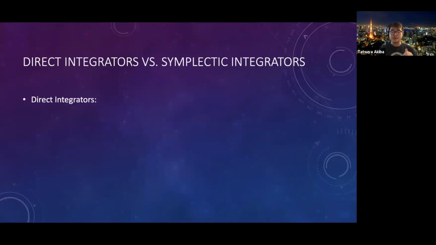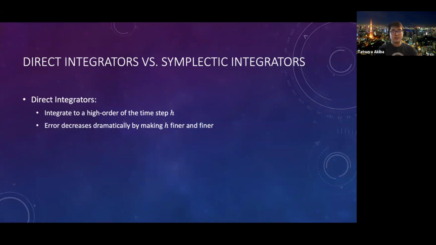Direct integrators, as the name suggests, do the integration pretty directly. We're going to integrate out to a high order of the time step h, so that the error gets smaller and smaller very rapidly as we decrease the time step.